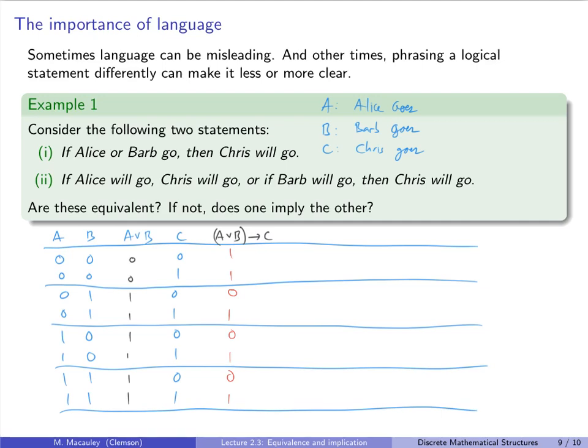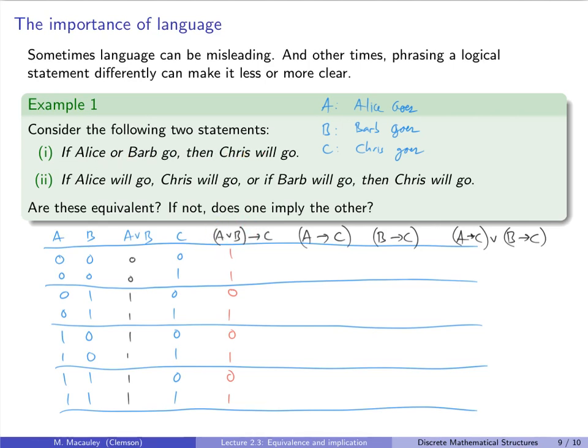And then the next one that I'm going to do is A implies C, and then I will do B implies C, and then let me do A implies C or B implies C. So there's this first statement, if Alice or Barb go, then Chris will go.